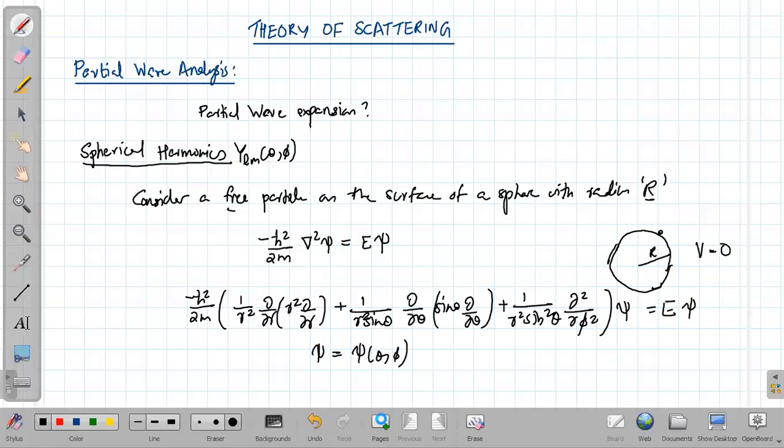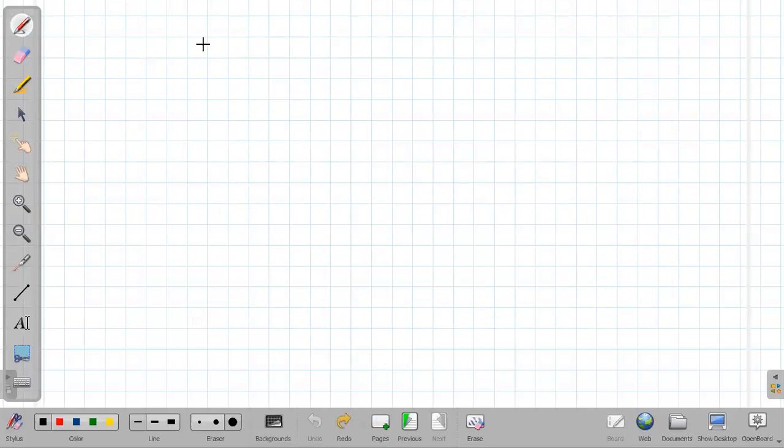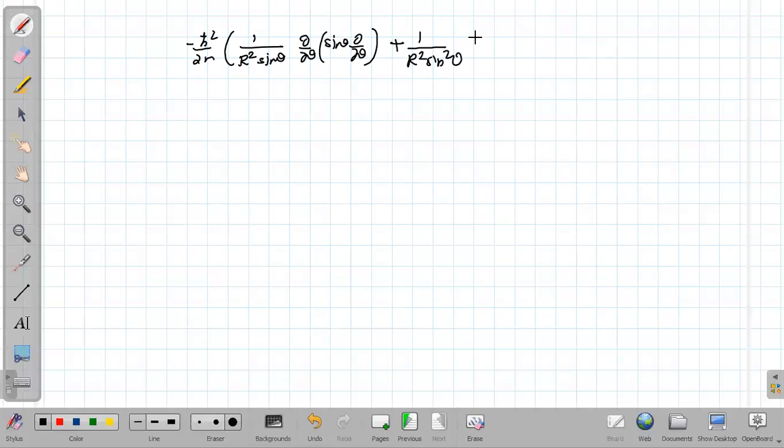So I can write this equation as minus h bar squared upon 2m, and the radius is capital R, so 1 upon capital R squared sin theta dou upon dou theta of sin theta dou by dou theta, plus 1 upon R squared sin squared theta dou squared by dou phi squared, acting on psi, a function of theta and phi, equal to E psi of theta phi.